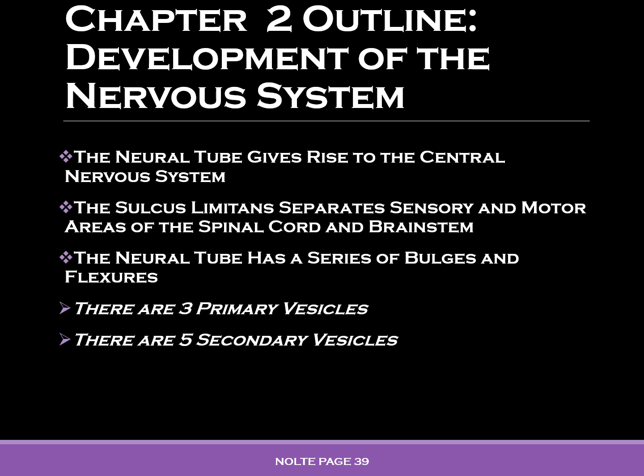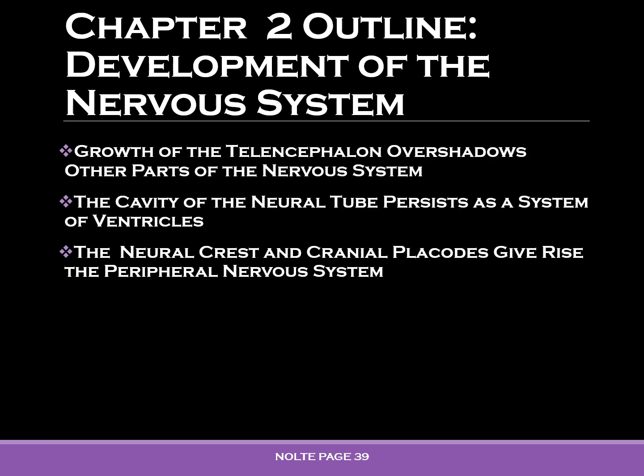Neural tube gives rise to the central nervous system. Sulcus limitans separates sensory and motor areas of the spinal cord and brainstem. Now don't worry, we're going to have pictures of these later. This is just the outline slide. The neural tube has a series of bulges and flexures. There are 3 primary vesicles and 5 secondary vesicles.